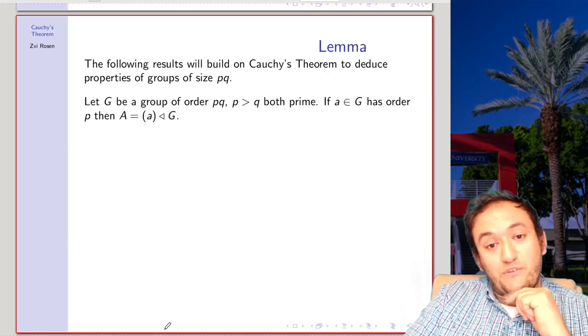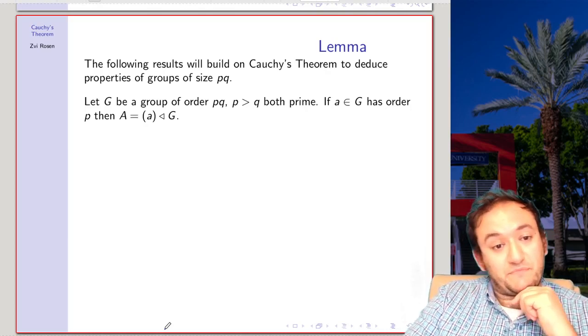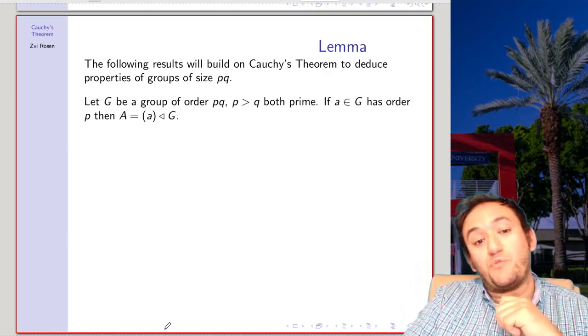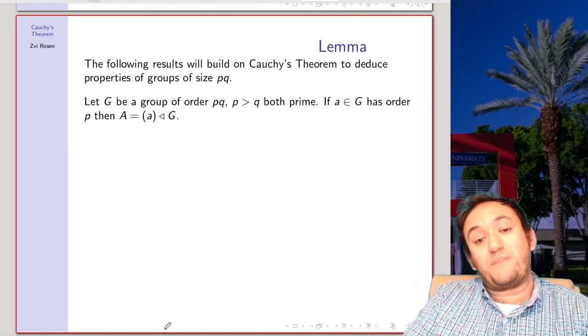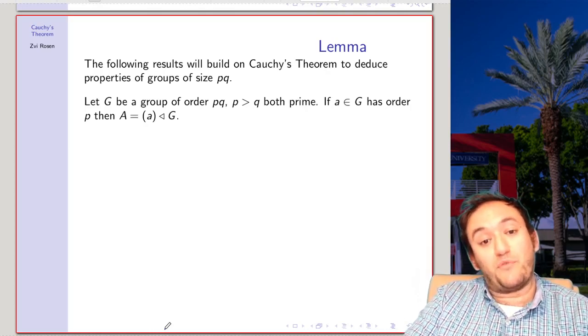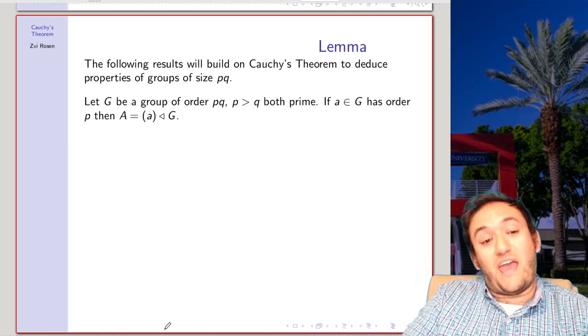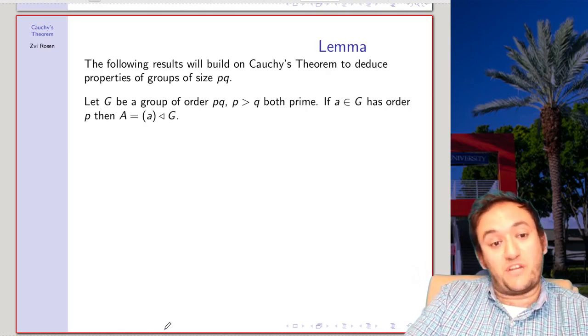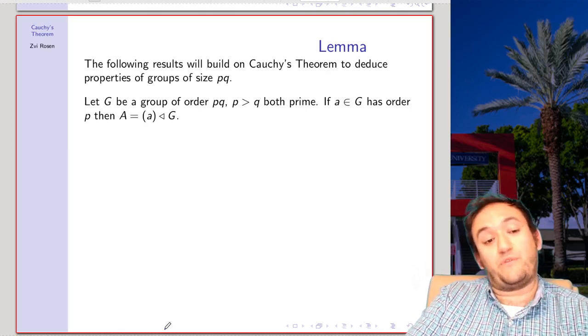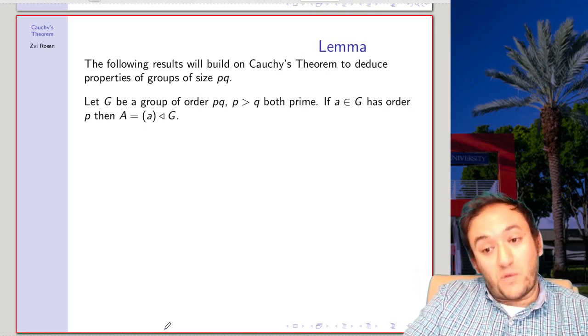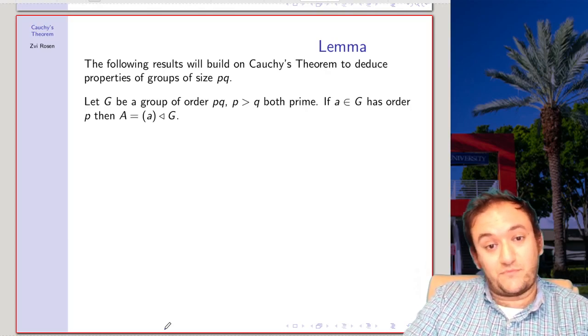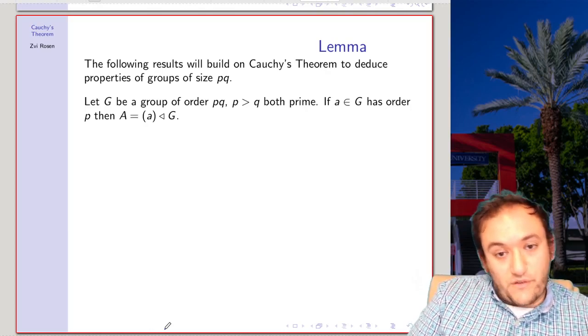And the first thing we're going to do is prove a lemma. Let G be a group of order pq where p is greater than q and both are prime numbers. If a in G has order p, the larger prime, then the cyclic subgroup generated by a is normal in G. Okay, so how does this proof go?